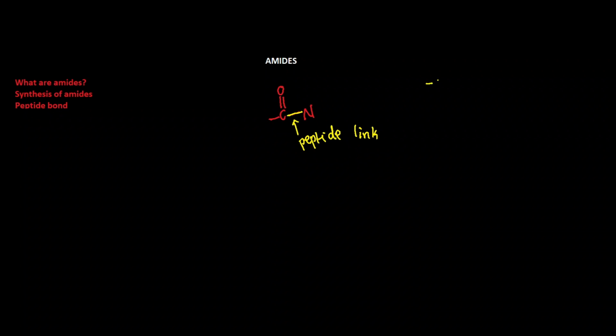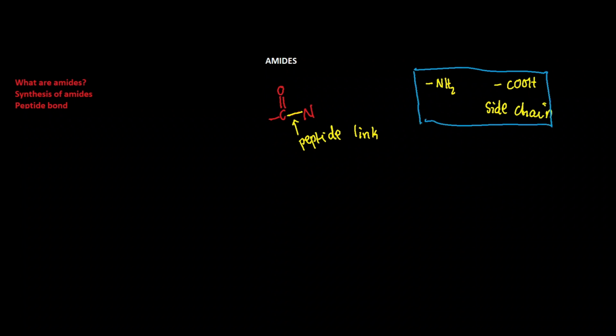Now, an amino acid is made of an amine functional group, which is NH2. It has a carboxylic acid functional group, which is COOH, and it also has a side chain. Okay, these are the parts that make up an amino acid. Now, the side chain is different depending on the particular amino acid, and there are about 20 amino acids in living things.